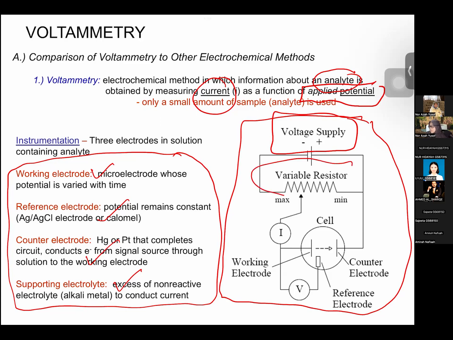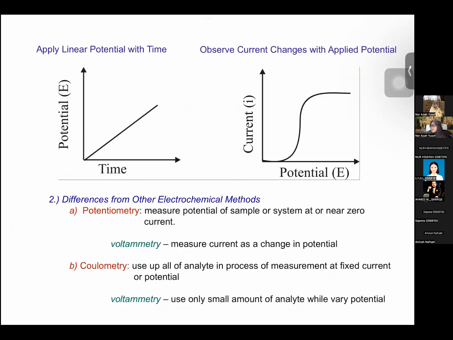Of course, this is where the control happens, and then we have this 3 electrode system. This one I think I have discussed with you. This is related to the galvanic cell, and we don't discuss this in this subject because we want to focus on voltammetry only.